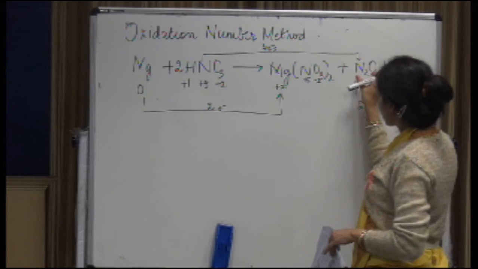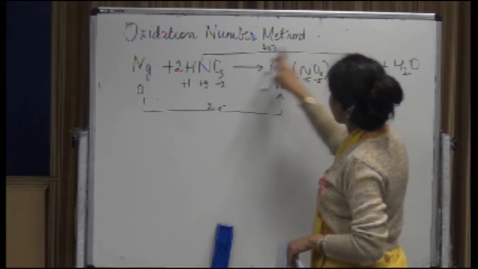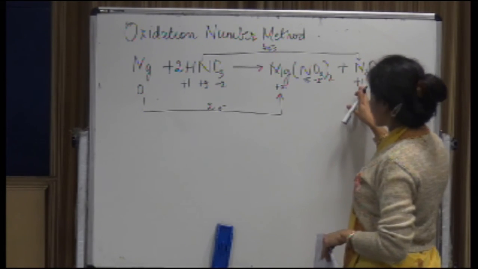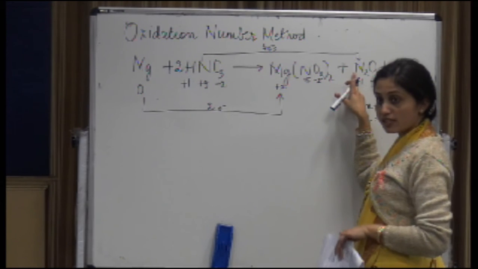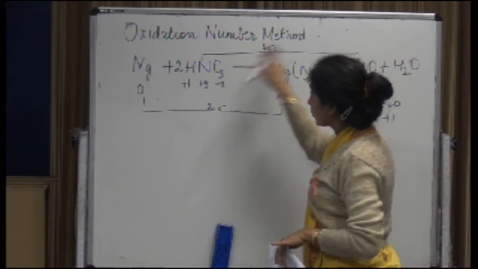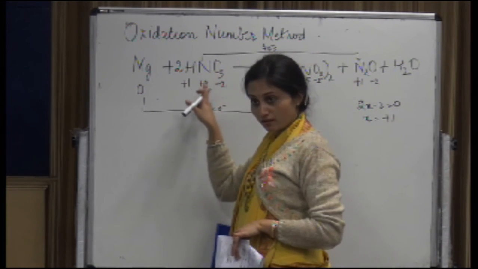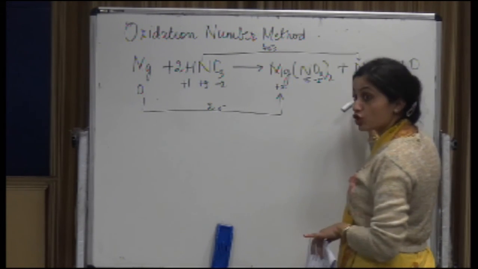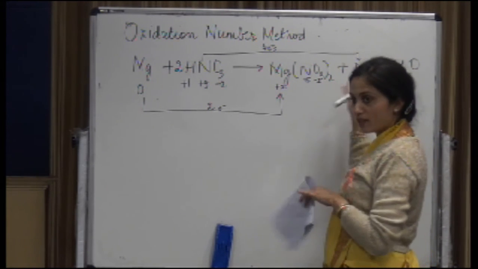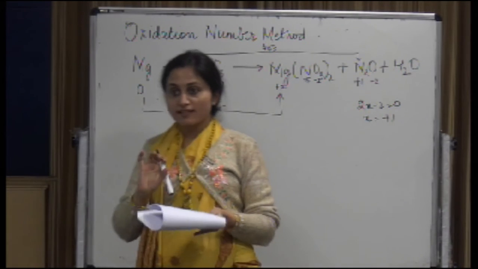Because this is N2, if I say that this is going from plus 5 to plus 1, each of the nitrogens possesses plus 1. It's not a single nitrogen. So let's put a 2. Now look at the change in the oxidation number. It is now plus 10 for the nitrogen, and now you can say it is plus 2, plus 1 for each nitrogen. Are you getting the point? Because oxidation number is a little twisty.